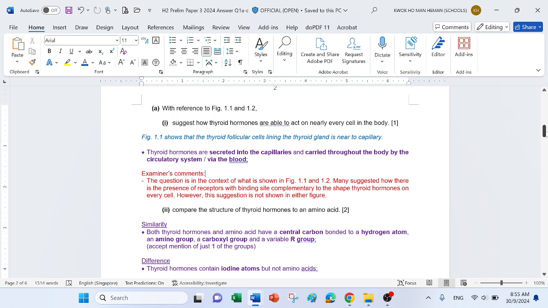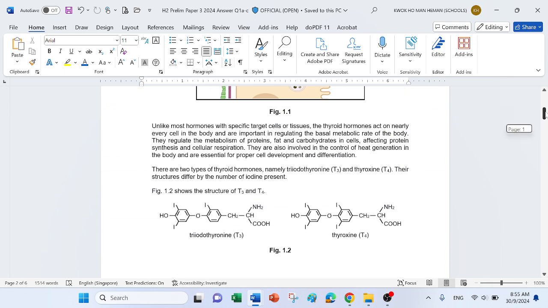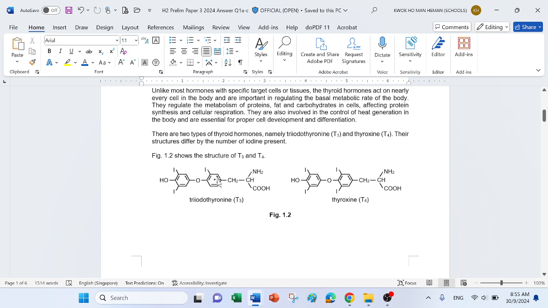Some of you used figure 1.2 and mentioned that because there are all these different functional groups in the thyroid hormones, they are somehow able to bind to multiple receptors. Again, the receptors that the thyroid hormones can bind to are not shown in figure 1.1 or 1.2.